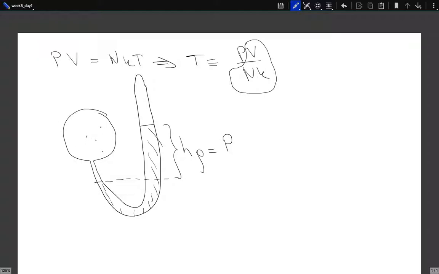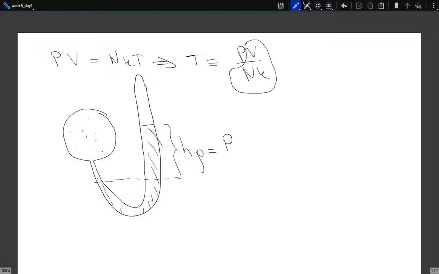So what we do is we have this bulb. We bring it in contact with the system whose temperature we are trying to determine, and then measure this height, which is actually the pressure, up to a constant. This is nothing but our temperature.